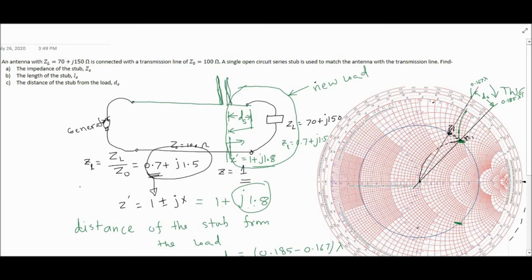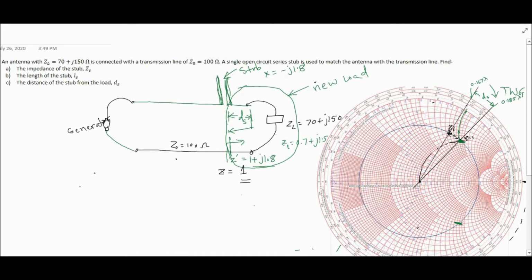So this is my open circuit stub, and this stub x must be negative j1.8, because if you add negative j1.8, then the system will have only one, right? It will be reflection free. Therefore, we need z stub equal to 0.